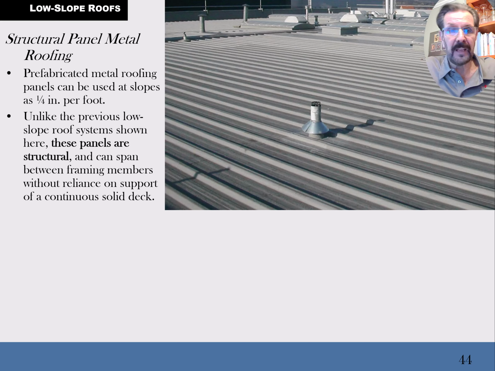So steep roofs and low slope roofs, this is a material that can work for both. And what really makes it economical is that it can also be the roof deck. So it's the roofing material that is also the roof deck. You can put this stuff down as a roof deck material all by itself. And so it's the decking and the roofing material.